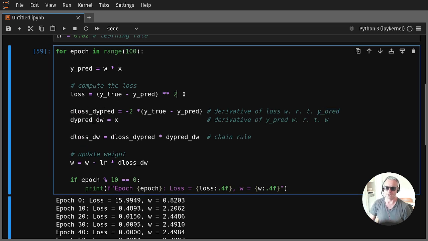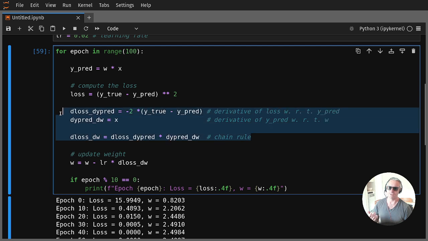If you're familiar with calculus, you'll see that that's gone from squared to -2 times, and you can solve that with some maths, which I'm not going to do here. dloss dw, again, that's the chain rule. So this is all kind of calculus stuff. This is applicable for what we're doing here, which is a continuous gradient.